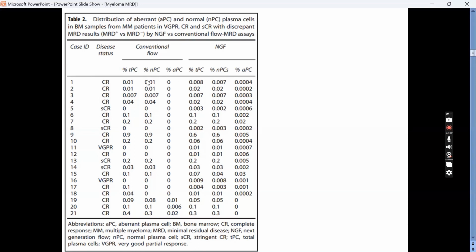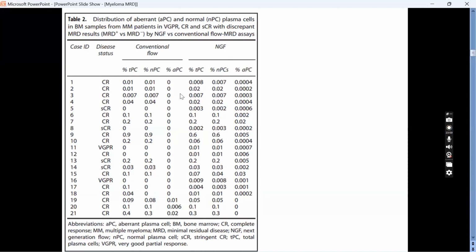For example, if you're acquiring 1 million events, you may not be able to attain that sensitivity, and that is called conventional flow MRD. If you carefully see here, if you're doing conventional flow, you may end up saying there are no abnormal plasma cells. But for the same case, if you do a next generation flow, you could still find abnormal plasma cells of lower percentage still existing.